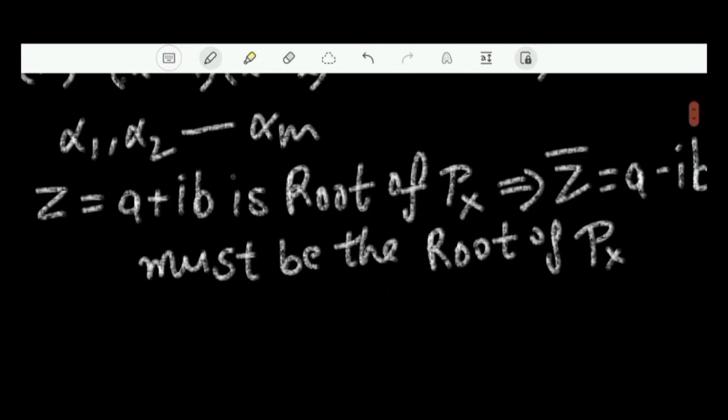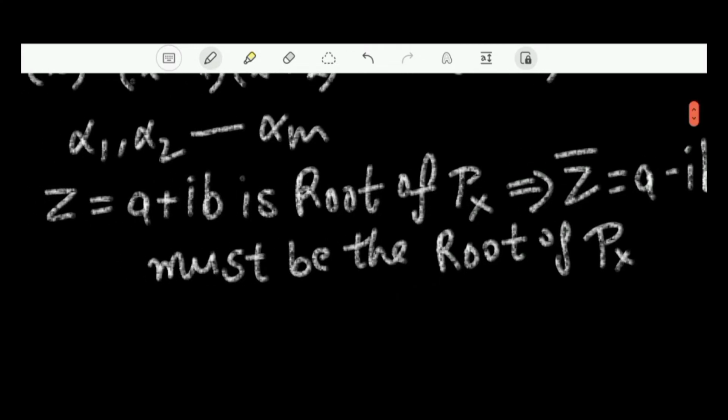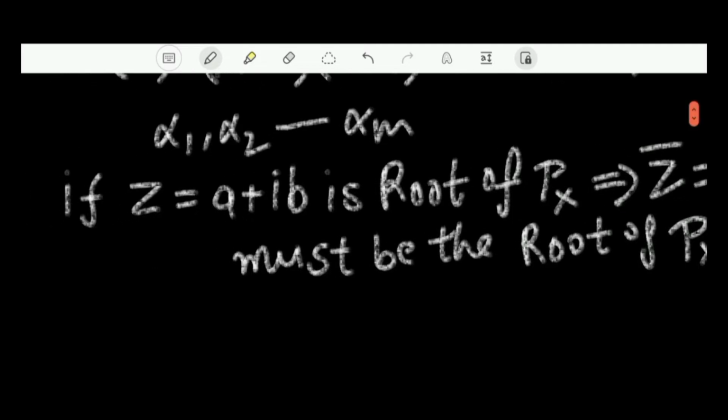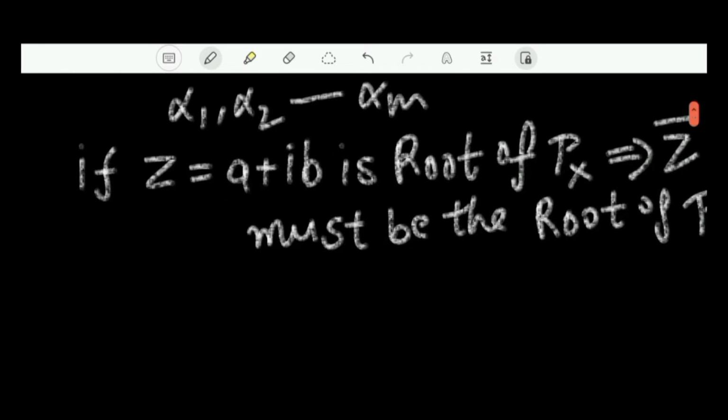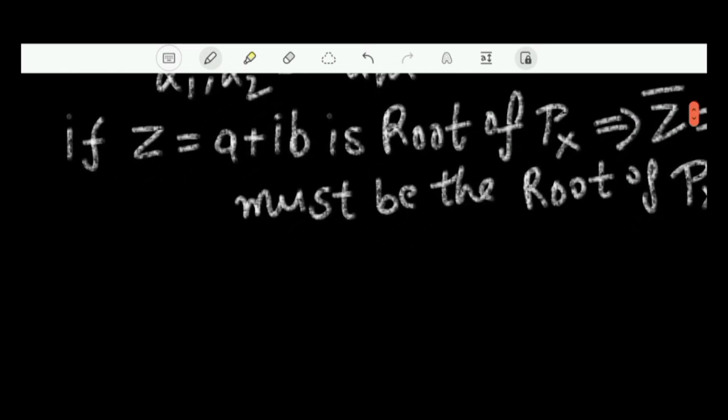So this is a very important rule for a real polynomial. It means if a polynomial has real coefficients and any complex number is a root of that polynomial, then its conjugate must also be a root of the same polynomial. So we are going to use this idea.